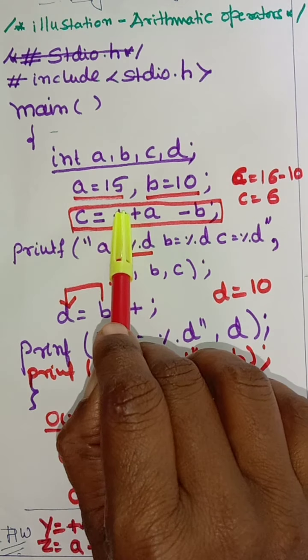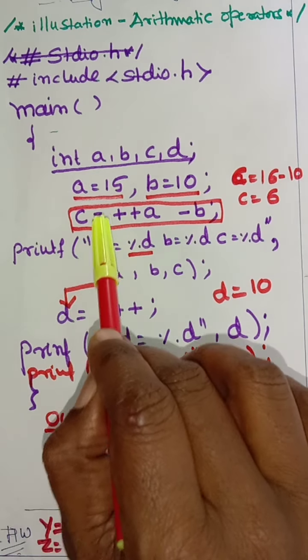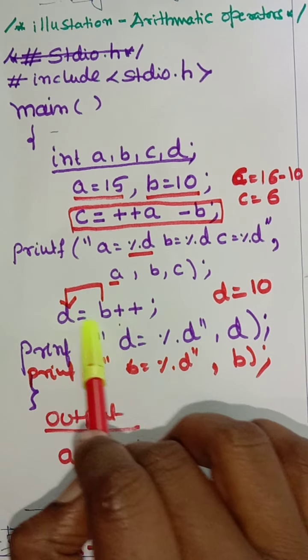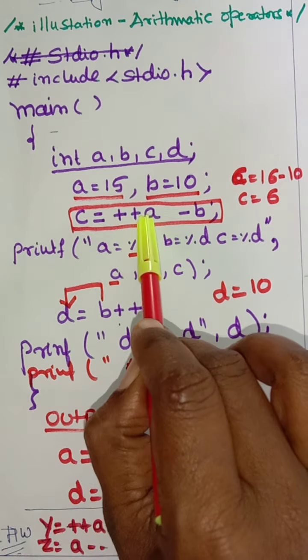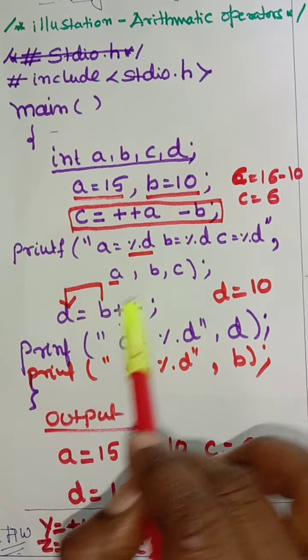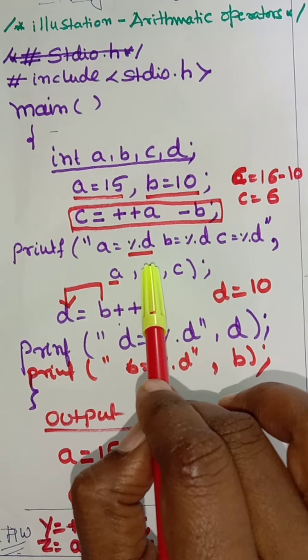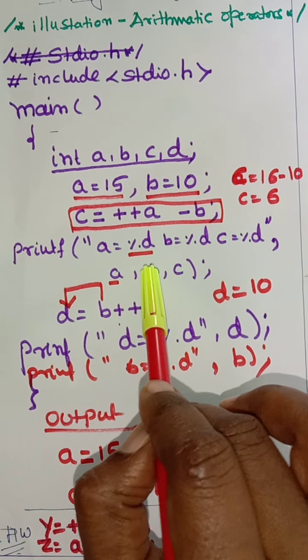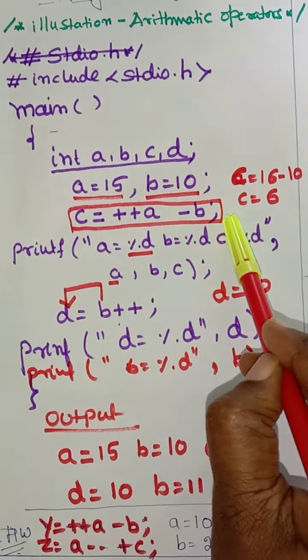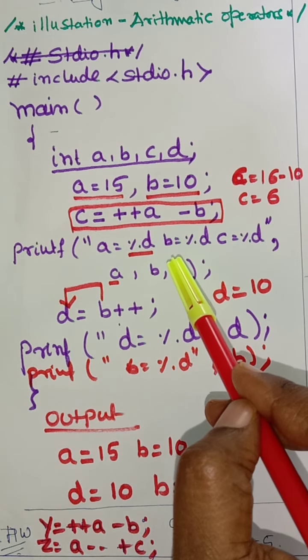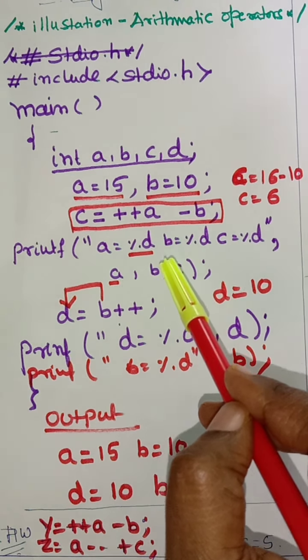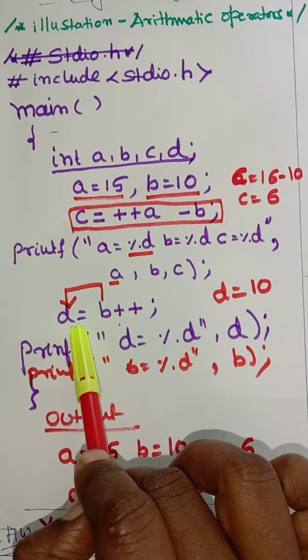You can calculate anywhere. If you write this expression here, then in only one printf also you can use this. If I had taken all the expressions at a time, it may be difficult for you to understand, so I have taken it here.